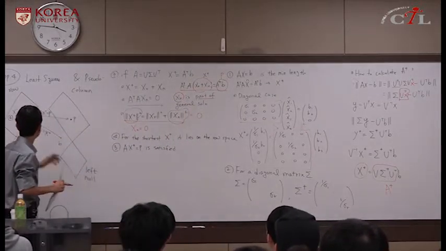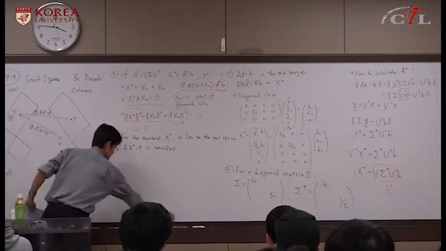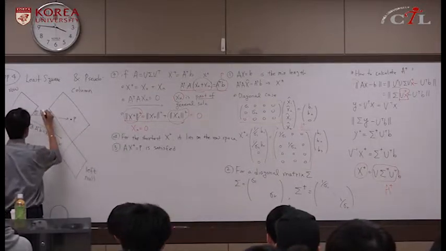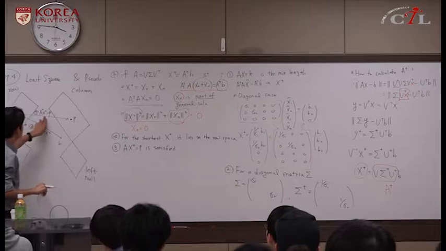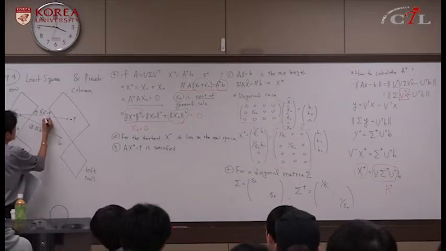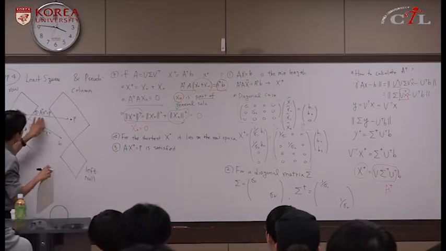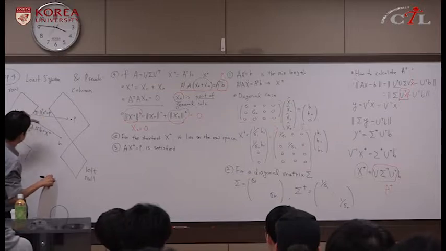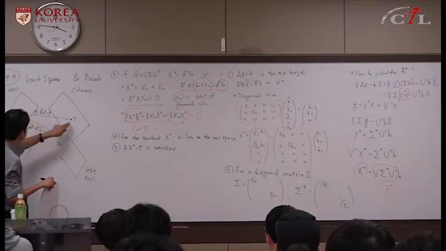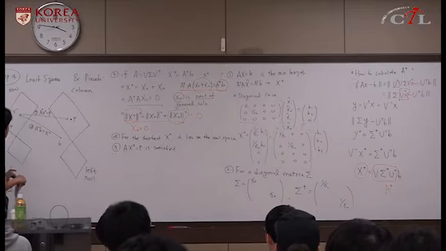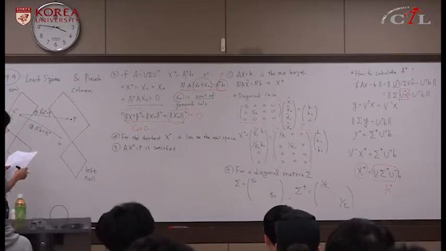X pseudo, here should be A pseudo. So X pseudo satisfies the least square equation. Then although it's not directly go to B, but it can go to P. That's number 5.